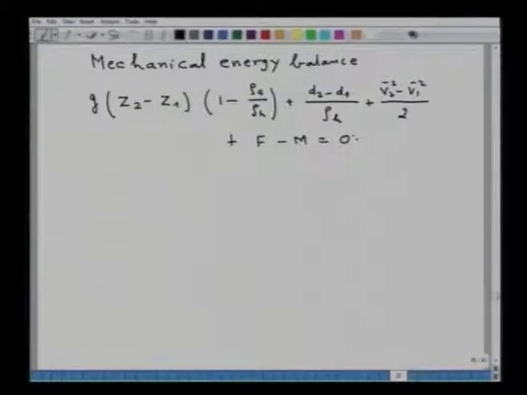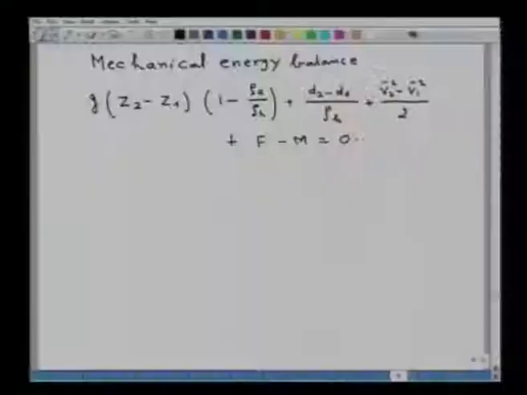Now, what you have to do is very simple. In order to obtain this form of mechanical energy balance in terms of draft, the equation which we obtained in terms of absolute pressure, that is P1 and P2, has to be transformed in terms of the draft by the respective equations which I have given you.